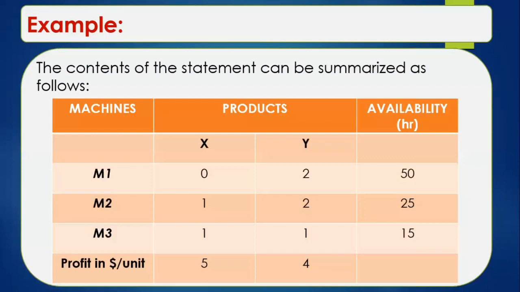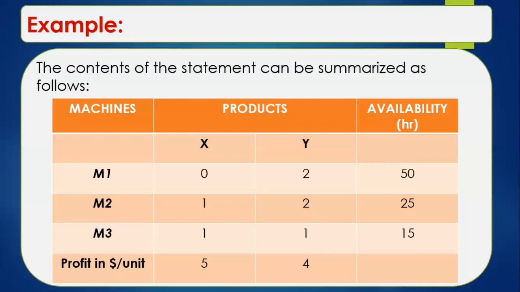It only requires machines 2 and 3. So for machine 2, it requires 1 hour. And for machine 3, it also requires 1 hour with a profit of $5 per unit. And for product Y, it requires all 3 machines. So for the first machine, it requires 2 hours, 2 hours for machine 2 and 1 hour for machine 3.